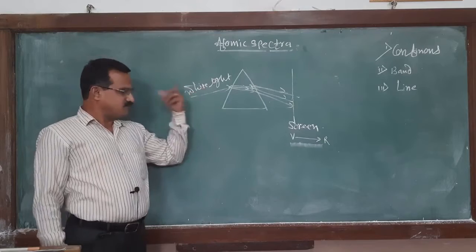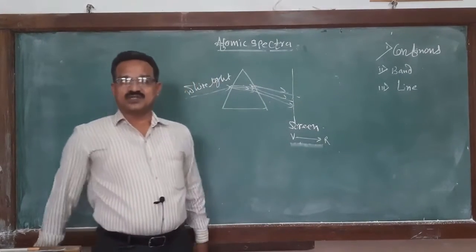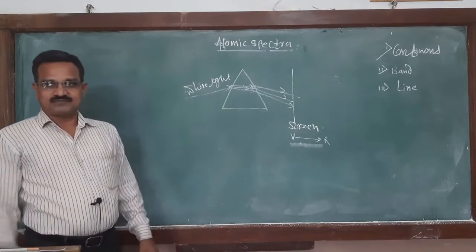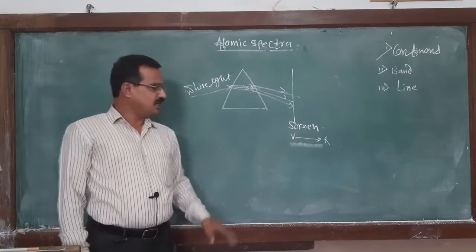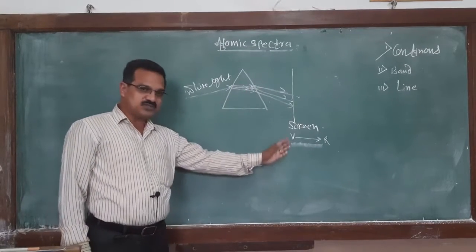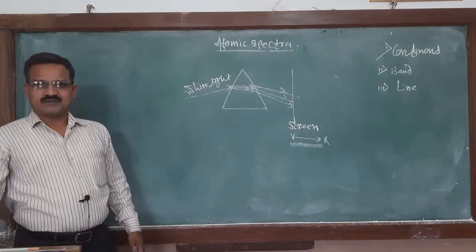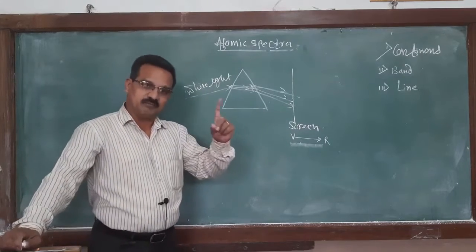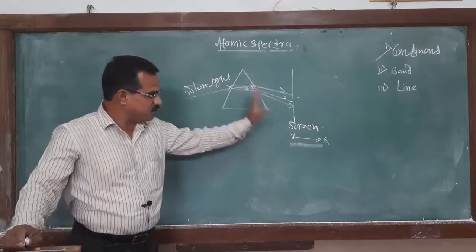Similarly, instead of white light, we may consider an incandescent lamp or hot air. They also give a continuous spectrum. The continuous spectrum is obtained when the substance is heated to a very high temperature.